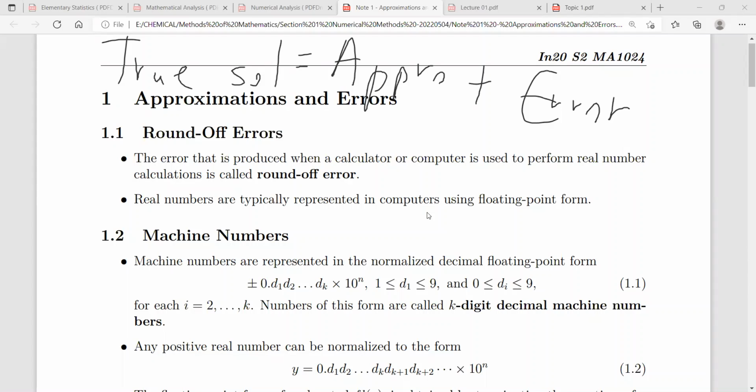Round off errors relate to what we all learned in the CS module. In the CS module we know that computers or calculators do calculations by converting decimal numbers into binary numbers. All the decimal numbers in the world cannot be exactly converted into binary numbers. Due to the complications between the binary and decimal number systems, some decimal numbers can't be exactly converted to binary values.